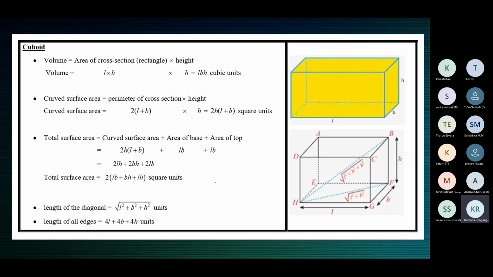You stack up the rectangles to any height, because we know that in a cuboid, the length, breadth, and height may be different.